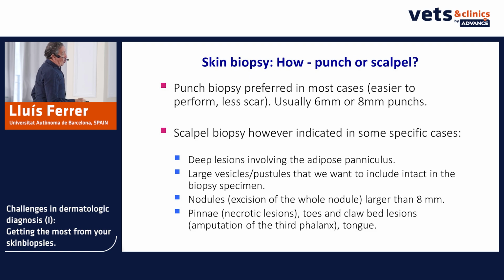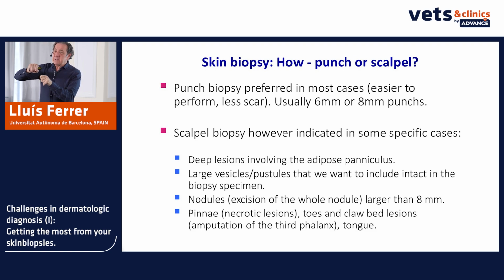Okay? Also, when you want to collect a large vesicle or pustule that with the punch can be broken, or when you want to take a nodule that is more than 8, 10 millimeters in diameter, you need to use the scalpel. I also use the scalpel with the pinna because the skin of the pinna lacks subcutaneous tissue.